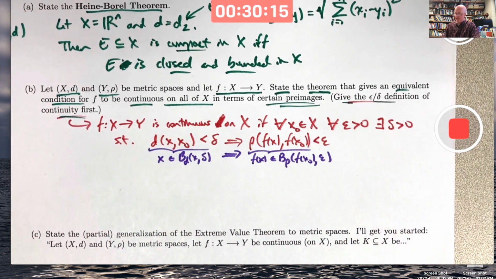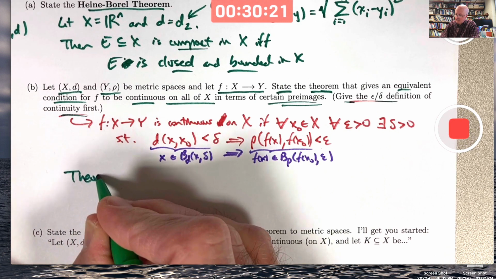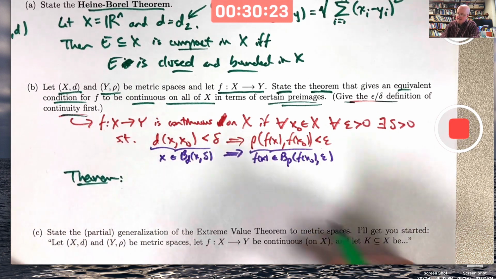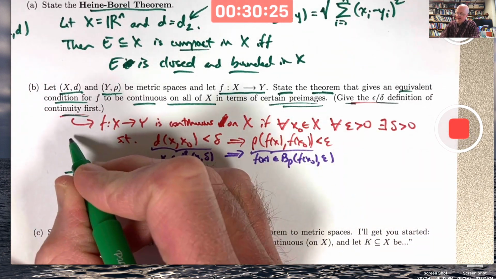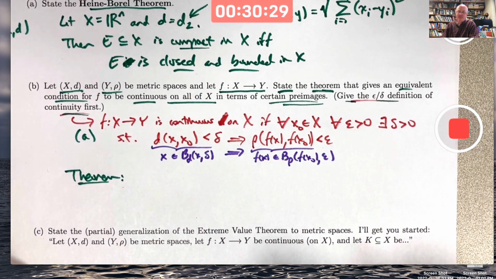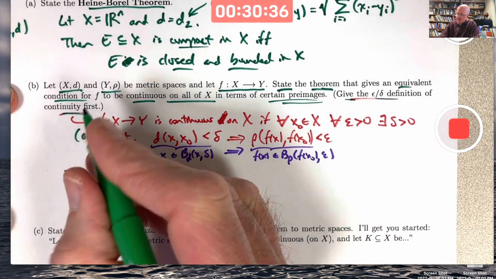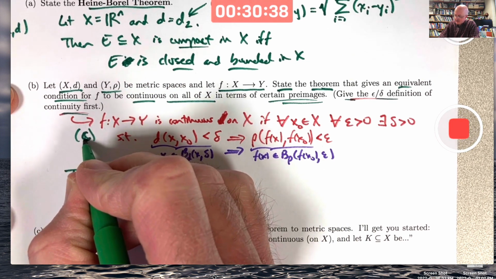Now what is the theorem? The theorem now, let's call this condition A. Is there going to be a B? Well, sort of, but I'm not going to label it with a B. Maybe I should just label it with a C for condition here.